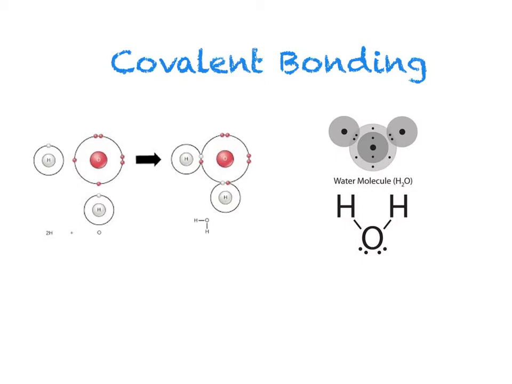Now we're going to discuss covalent bonding. Some atoms become stable by sharing electrons instead of losing or gaining. You can see here that hydrogen and oxygen in water are sharing these electrons and sharing these electrons.